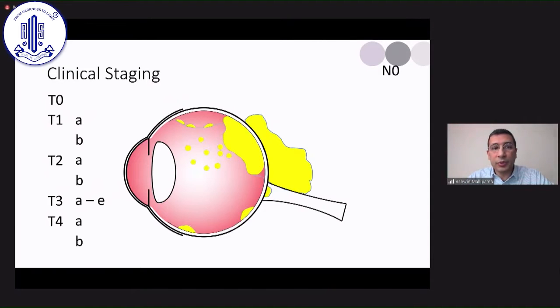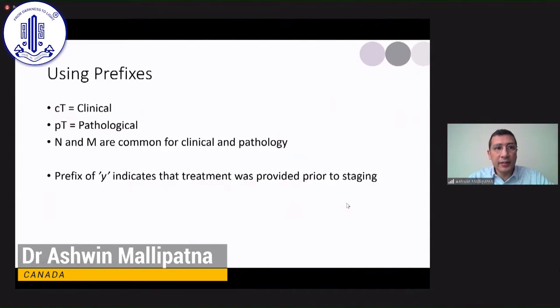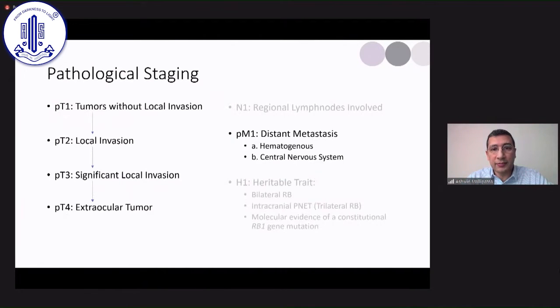With the TNM system, we do have nodes, where N1 would be the involvement of lymph nodes, and M1 would be the involvement of distant metastatic sites, M1A and B distinguishing CNS and distant sites. We do use prefixes as well. C is for clinical, P is for pathological, and the prefix Y would tell you that treatment was provided prior to this staging when you're trying to restage a child.